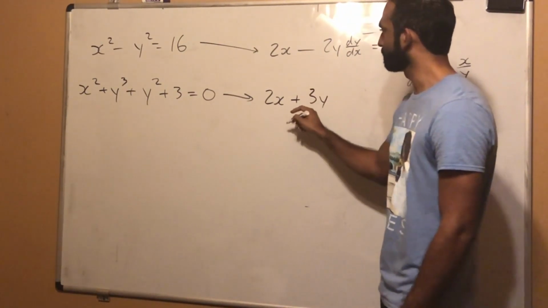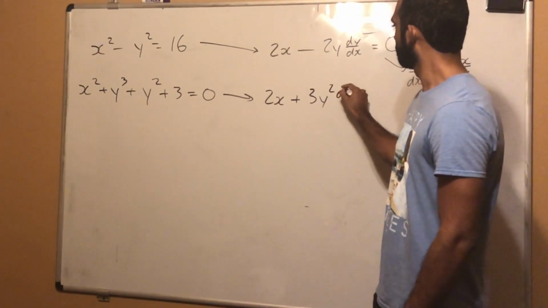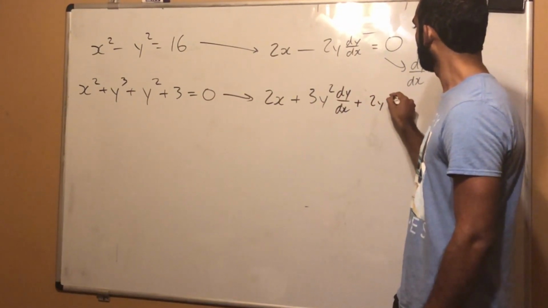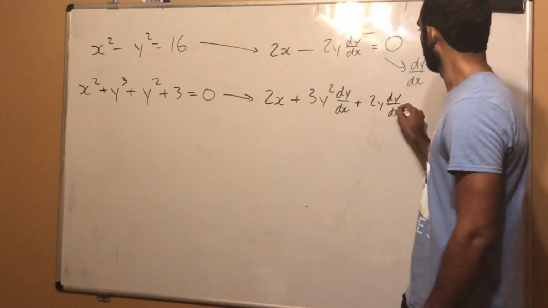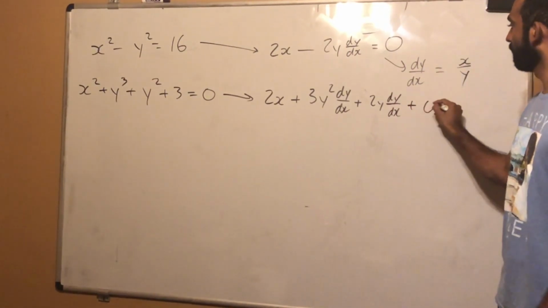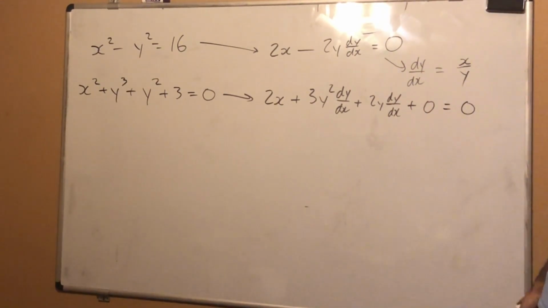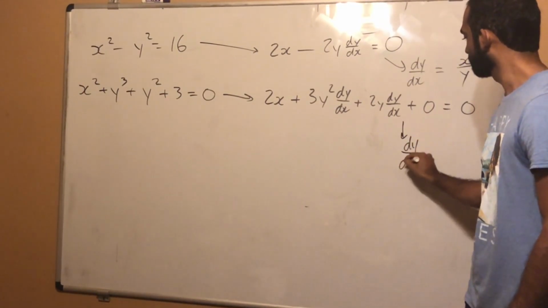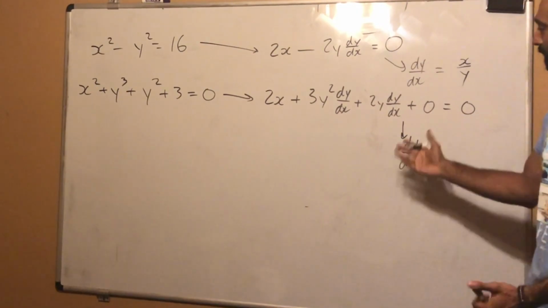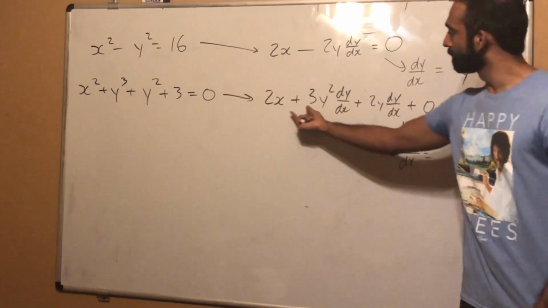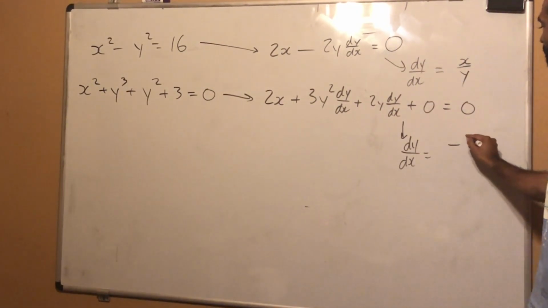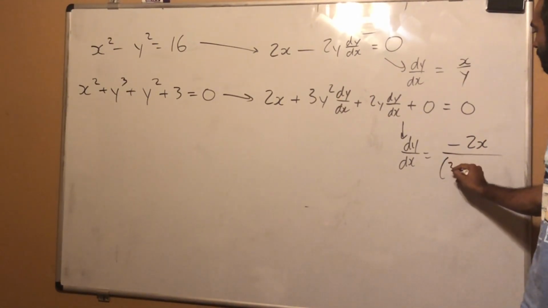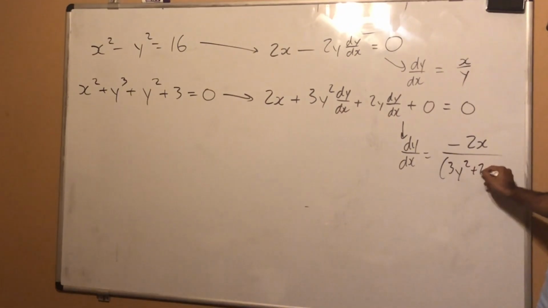This implies 2x plus 3y squared dy over dx plus 2y dy over dx plus 0 equals 0. And once again, you can jump straight to solving for dy over dx. Let's skip some steps here. You can group these two together, bring this guy to this side, and then divide to get dy over dx equals negative 2x all over 3y squared plus 2y.